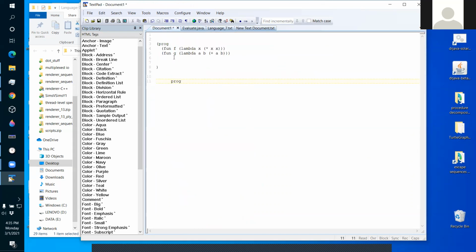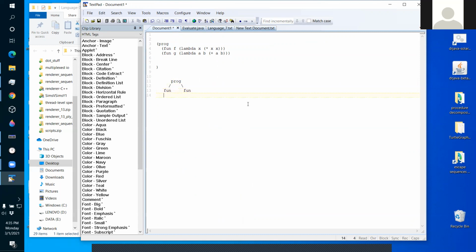Okay, so fun will just be, okay, prog will have a left branch, which is a fun, and it'll have a right branch, so far only, a right branch, which is another fun.